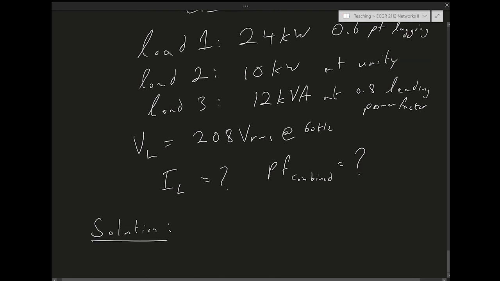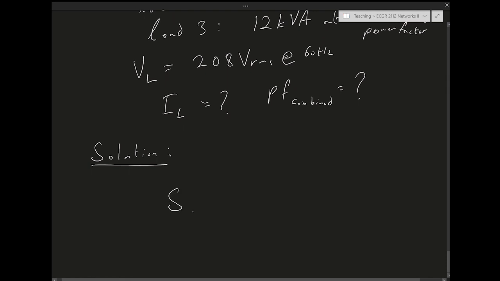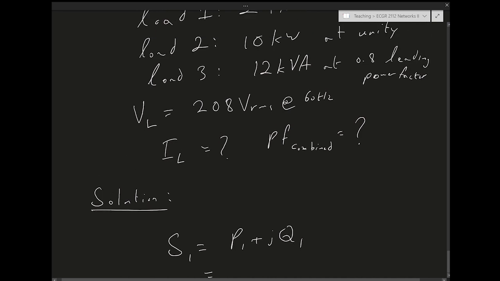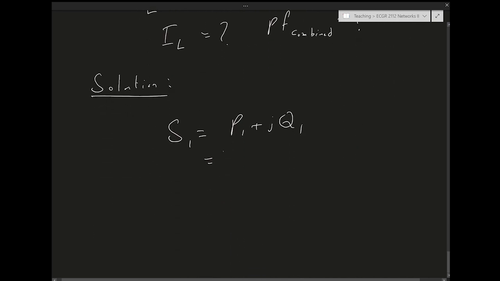So, given this information, we can calculate S1, right? S1 is just P1 plus J Q1. We know what P1 is, right? P1 is just 24,000. But what's Q1 in this case? Well, we know that Q1 over P1 is tan theta 1, right? The angle of the complex power is the power factor angle.